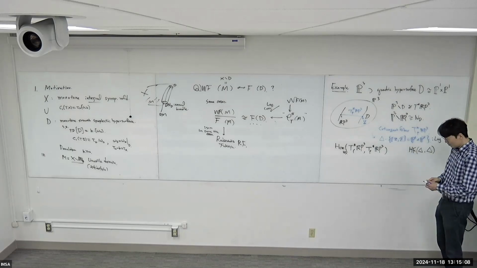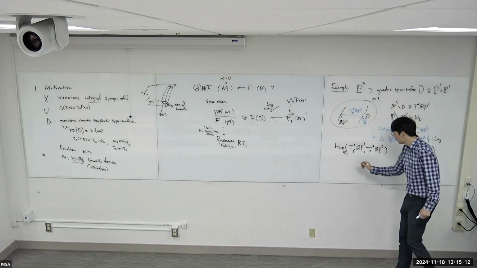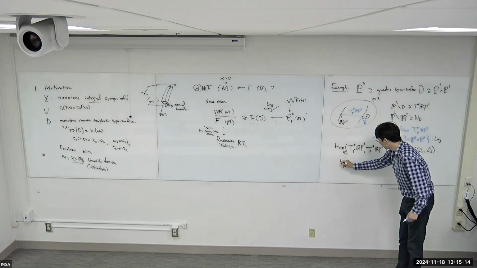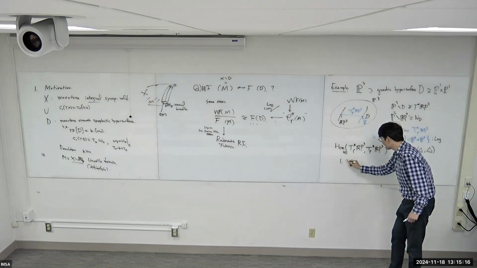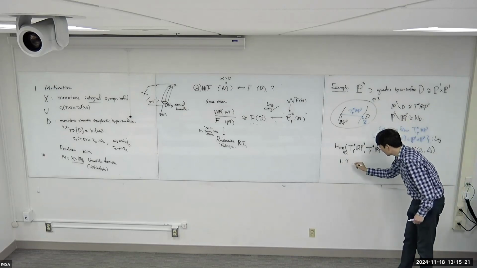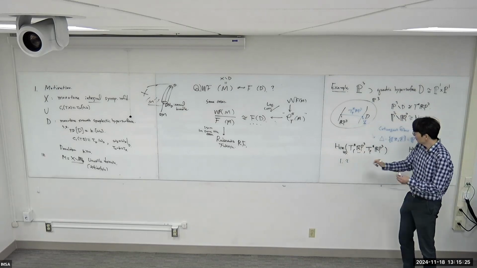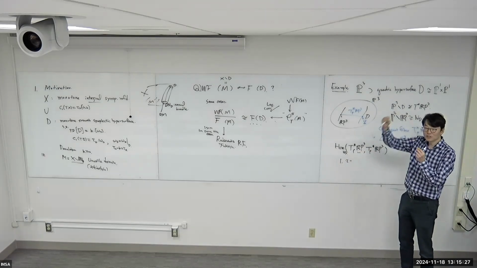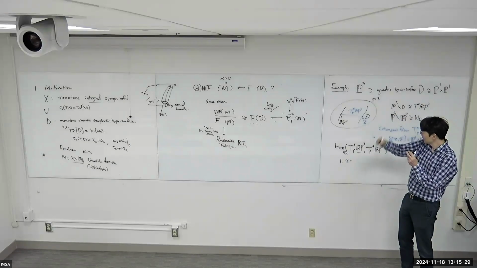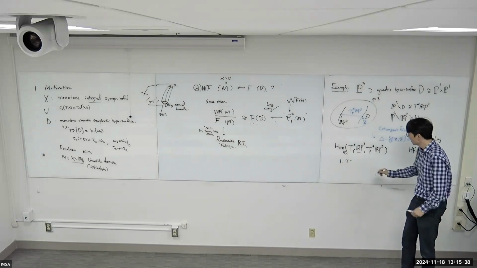So what are the generators here? There's the identity and there is x. So this x is, in RP3 there is a loop which goes around twice, or in S3 there's just going around once.